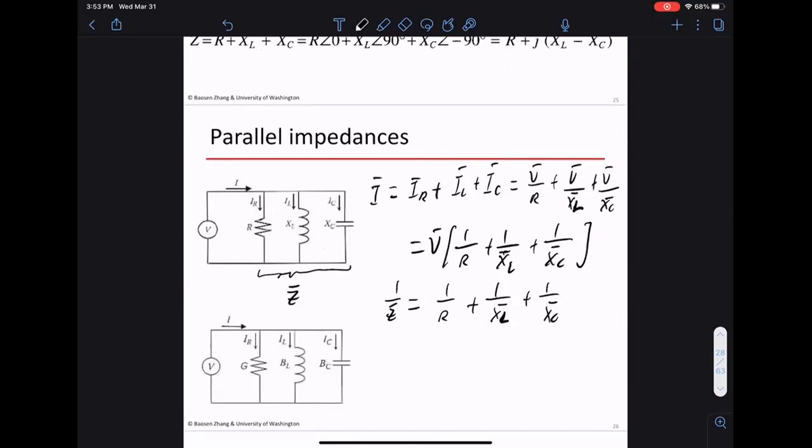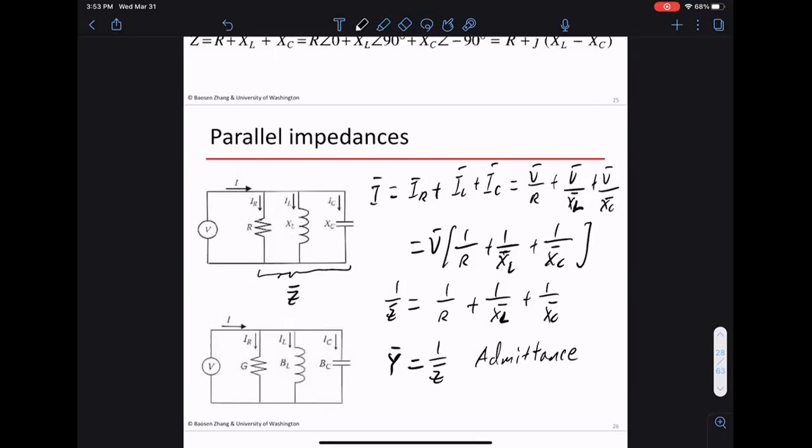So often in the grid, for convenience, we'll look at 1 over Z instead of the impedance. This is our admittance, just a shorthand. The admittance is used because we really don't want to do fractions all the time, so we'd rather add.